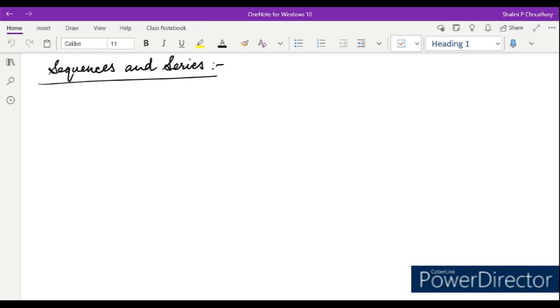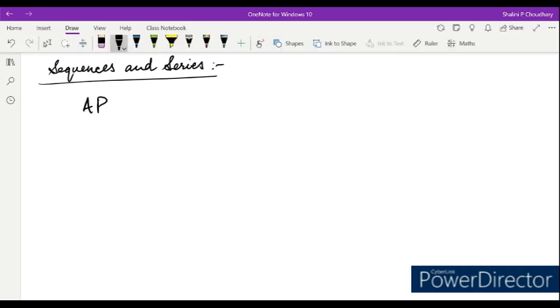Okay, so what is a sequence and what is a progression? Here we'll talk about progression. First of all, how many types of progression are there? AP, GP and HP.